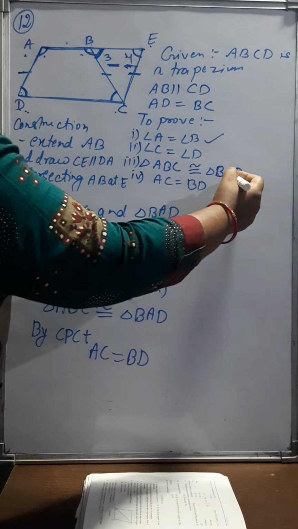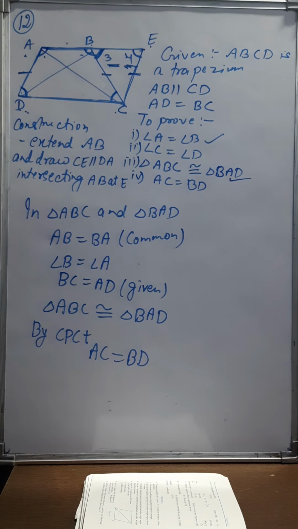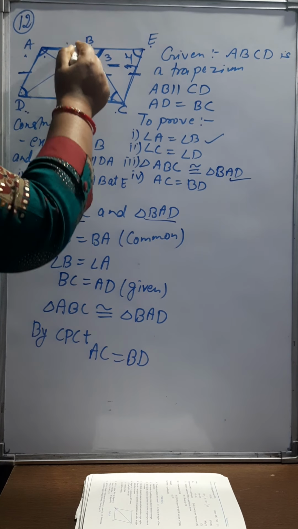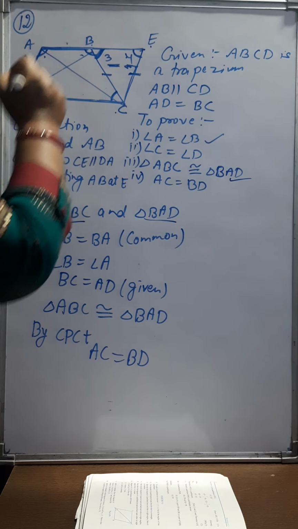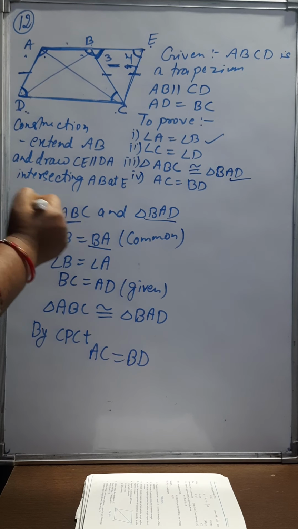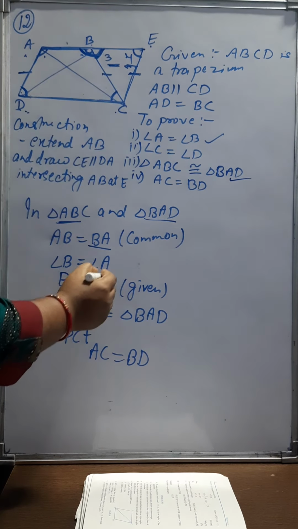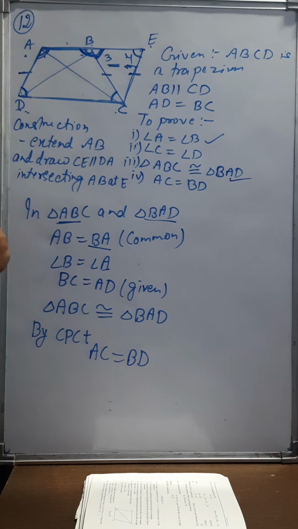Now for proving the third part, we will join AC and BD. See here carefully. In triangle ABC and triangle BAD, you can see AB is common in both. AB is equal to BA. Angle B of triangle ABC is equal to angle A of triangle BAD, which we have already proved.